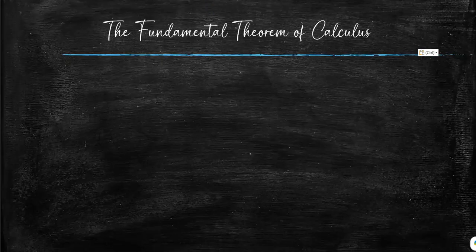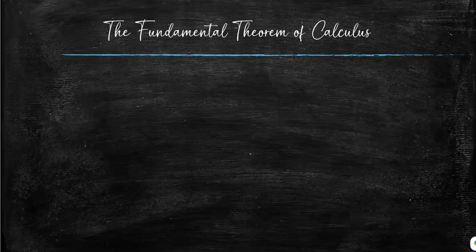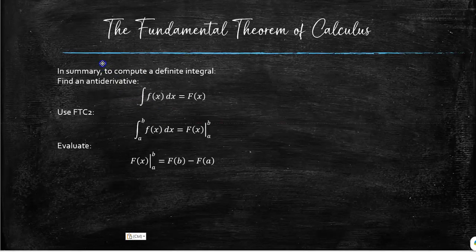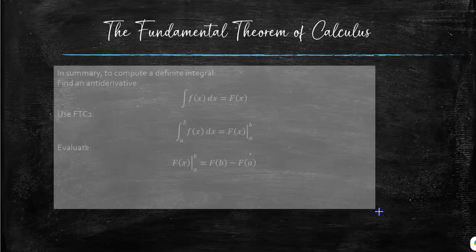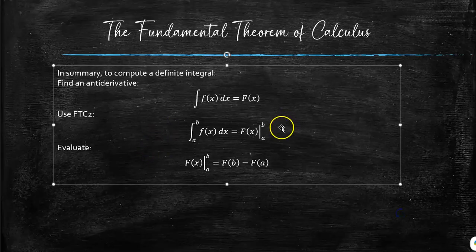Here's the process. I'll copy it and paste it, and the rest is just practice. So to compute a definite integral, we can now find an antiderivative, use FTC2, and then evaluate that expression using our arithmetic skills.